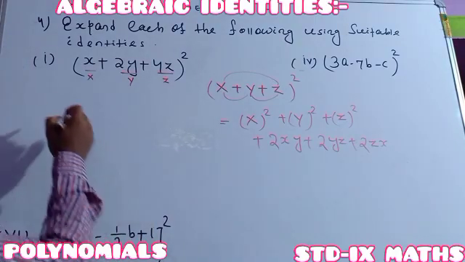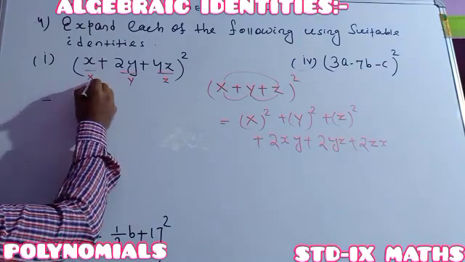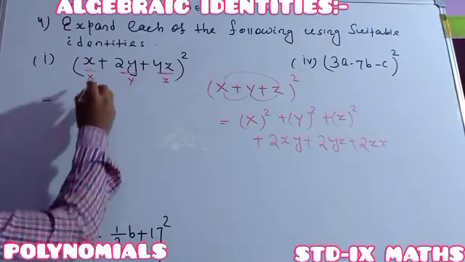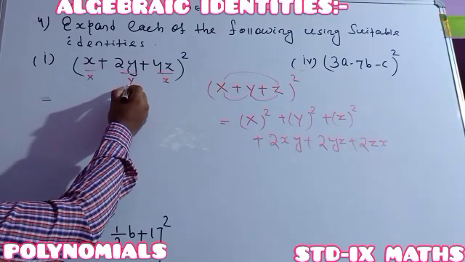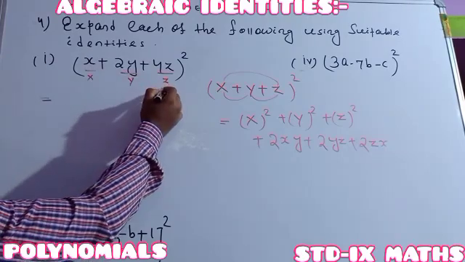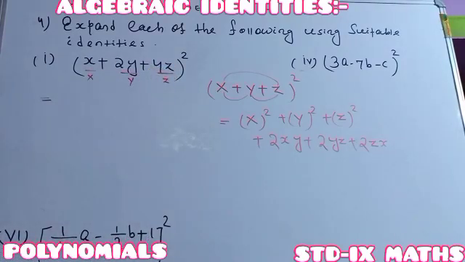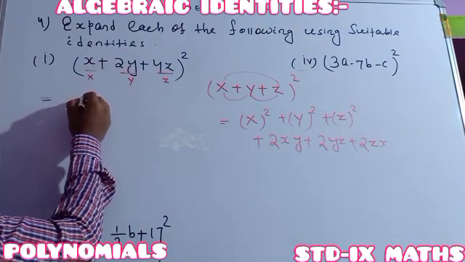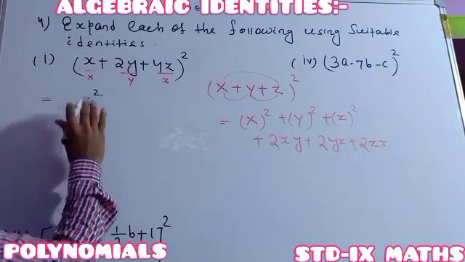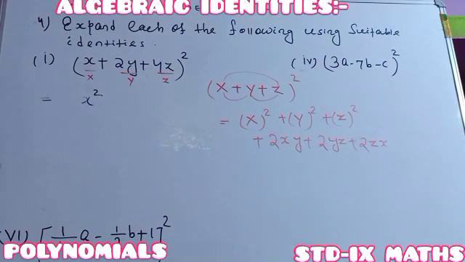See, here it is (x + y + z) whole square. In place of x, x is there, but in place of y it is 2y and in place of z it is 4z. So first term square means x square, no need for a bracket because it is a single x.